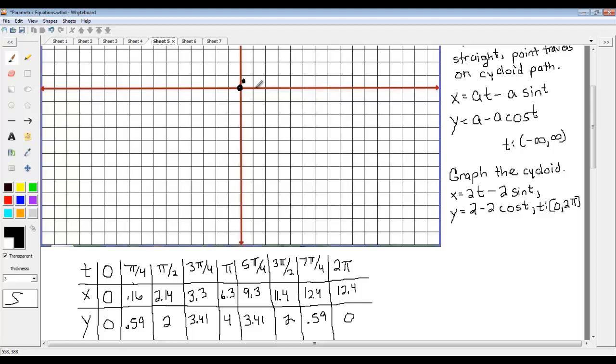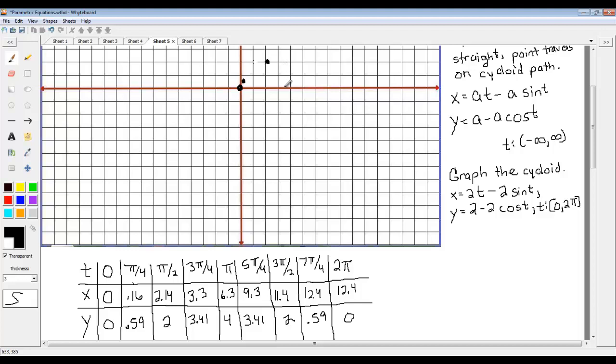We got 2.14, comma 2. We got 3.3. I goofed already. Sorry about that. Erase. I didn't go all the way over to 2. 2.14, comma 2. It should be right there.